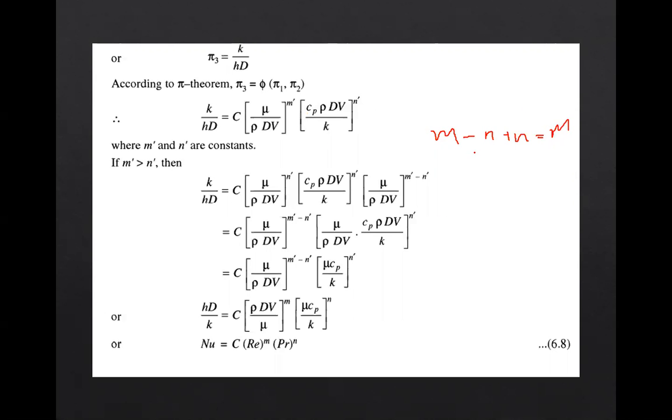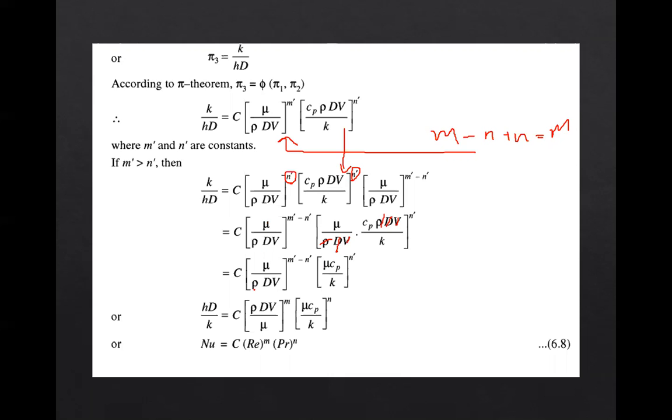So we use this in the equation: mu upon rho d V raised to power n dash, into mu upon rho d V raised to power m dash minus n dash. When we compare these two powers, they come in contact with each other and just cancel out. So this will reduce my formula to a simpler form.